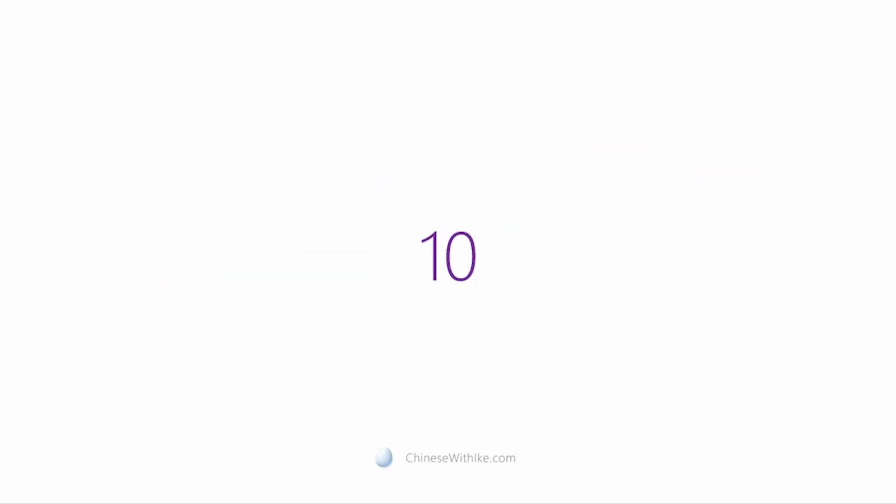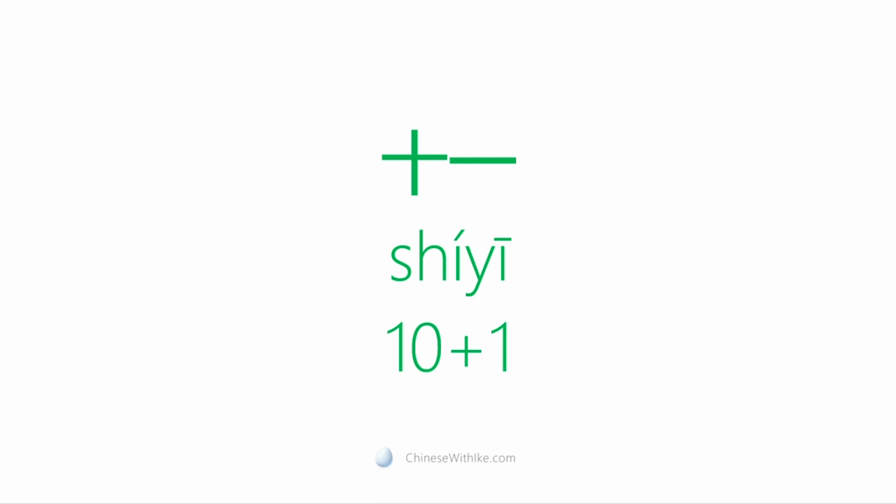The number 10 in Chinese is 十. And 11 is very easy. Just simply 十一. So you put 10 plus 1 is 11.